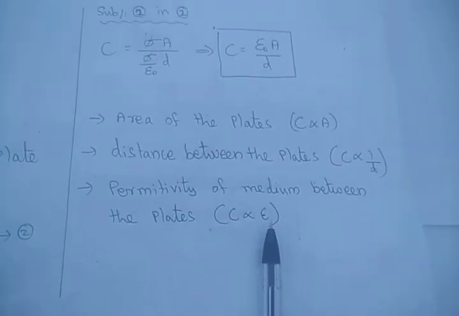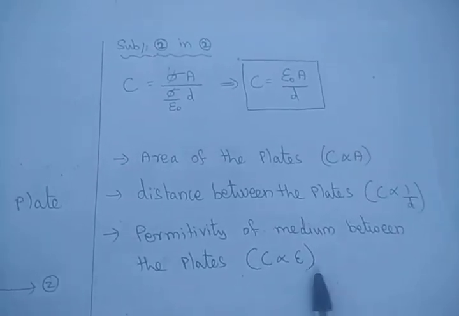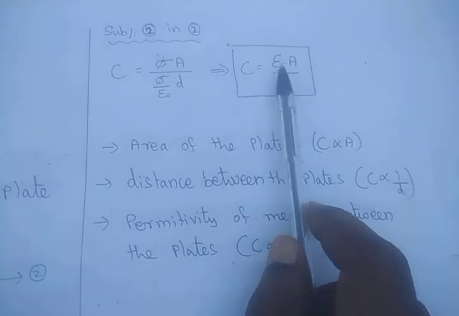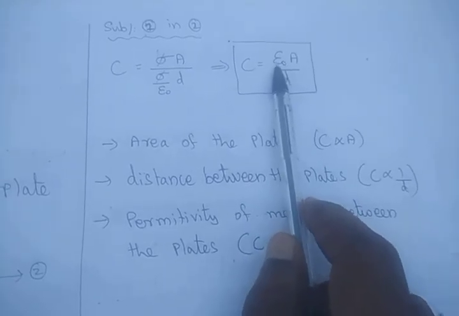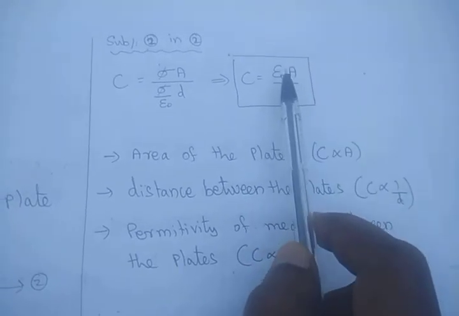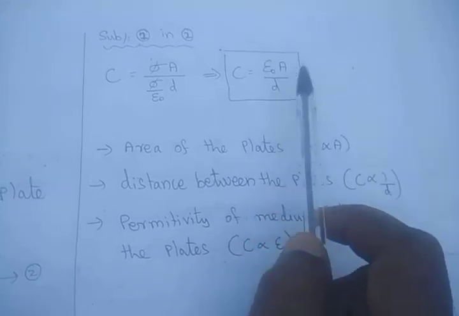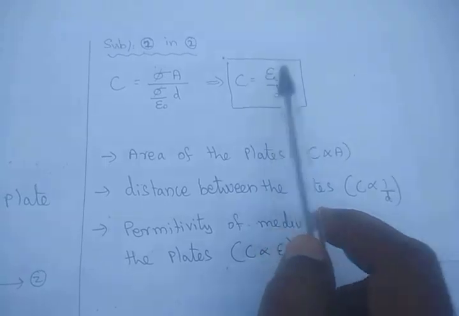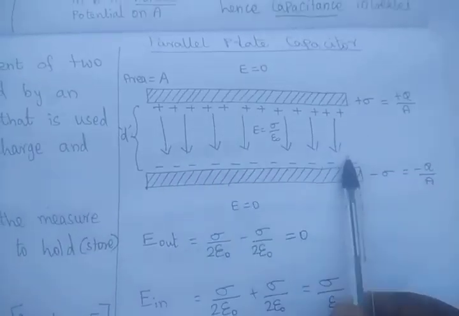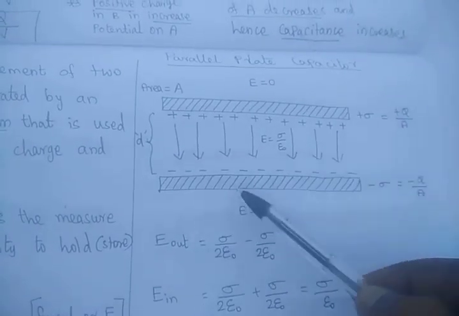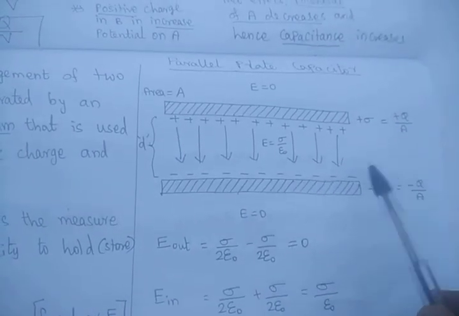Hence, we found that the capacitance of the parallel plate capacitor is equal to epsilon naught, the permittivity of the free space, into A by D. If you keep any other medium in place of free space, the formula will change to C equals epsilon A by D.